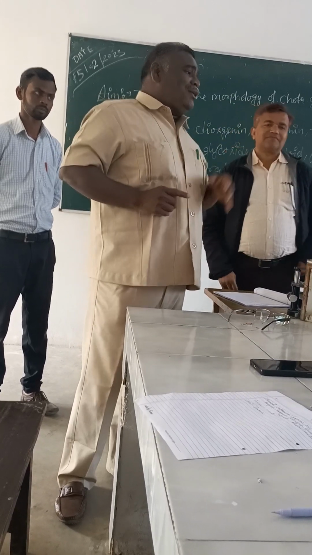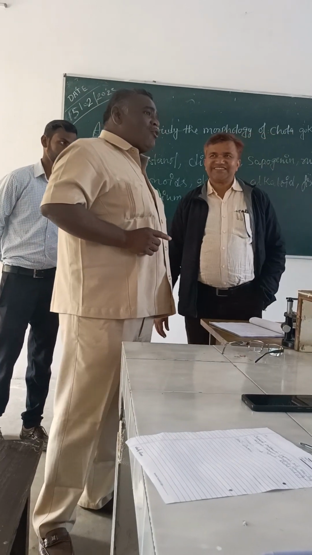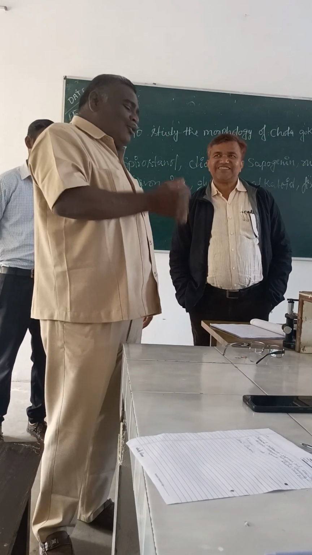Next class I will join you and see how you use the compound microscope. There are rules on how to hold the microscope, which screw or stage adjustment to use, and which hand to use conveniently. You cannot use the right hand for both the stage adjustment and the screw.